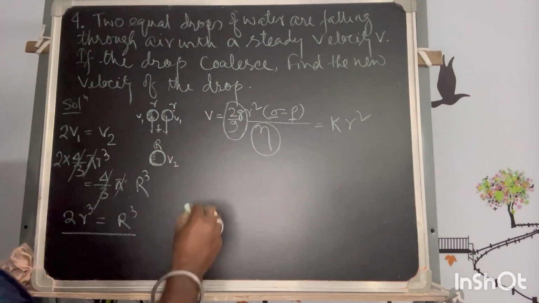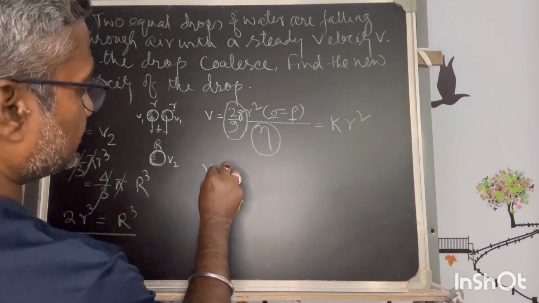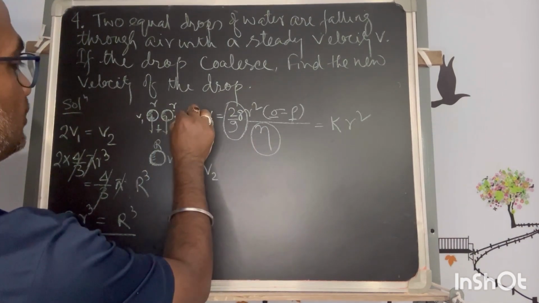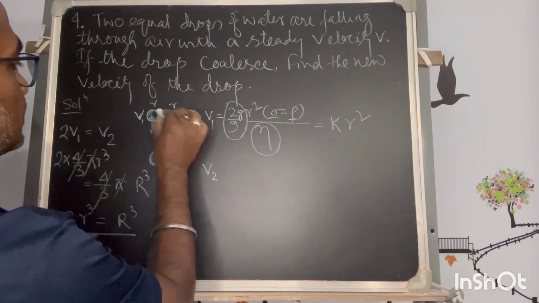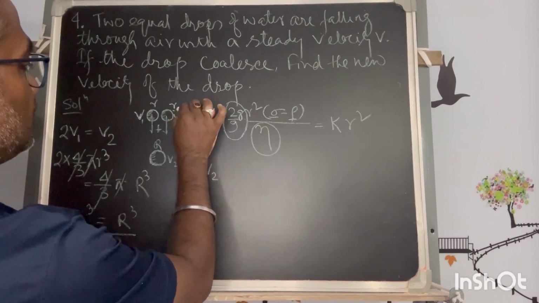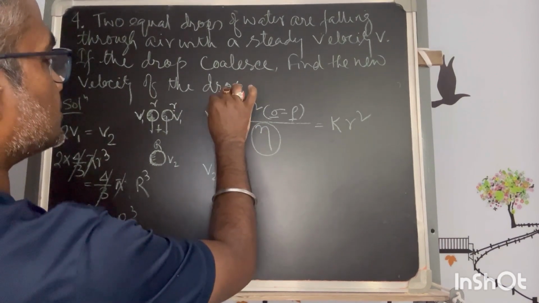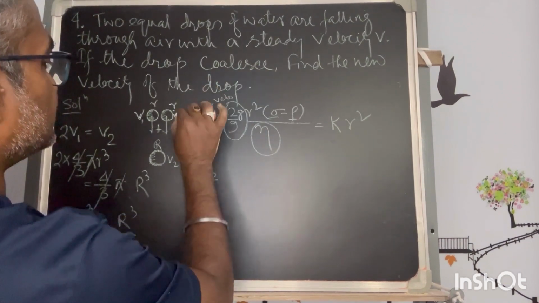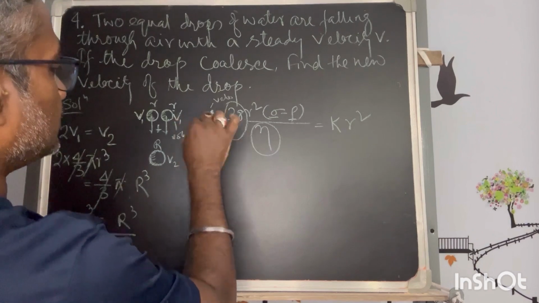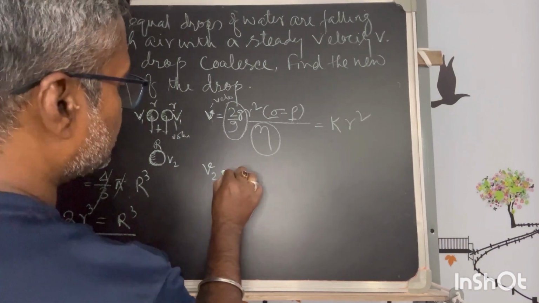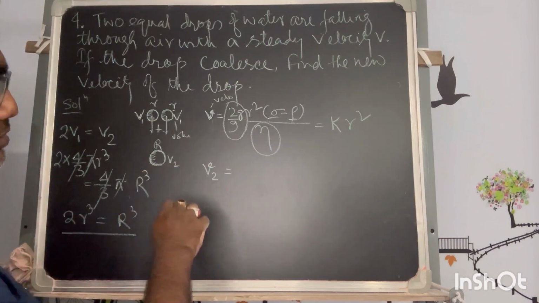For the second case, this is the terminal velocity v2, and this is v1. Capital V I have taken as volume, and small v is velocity, so don't confuse the two. So v2 is the terminal velocity when the drops are merged or coalesced.